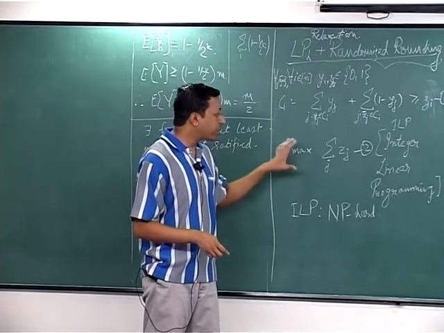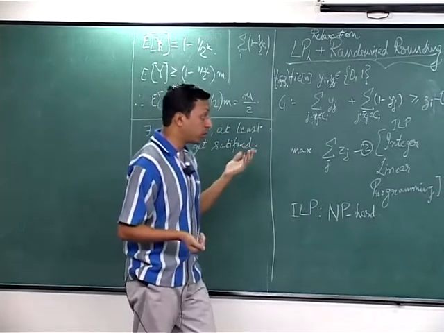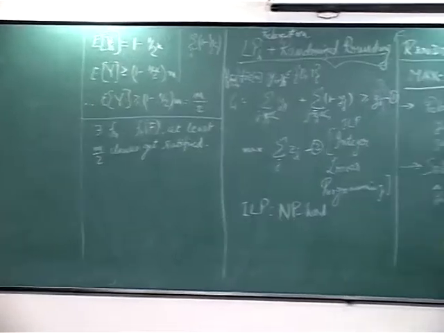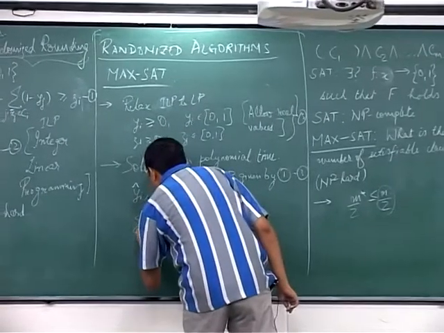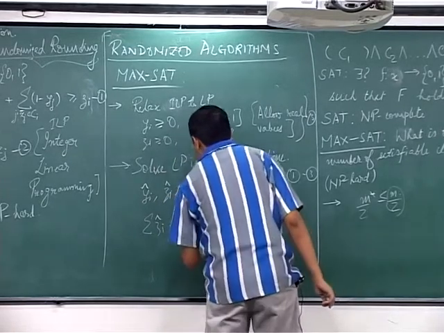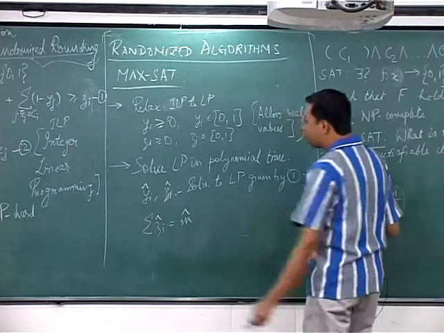But what can you say when you compare those two solutions? By those two I mean the optimal solution, let's say m star, and the solution that you got, let's say m cap. So suppose you compare m star and m cap, what can you say about these two?